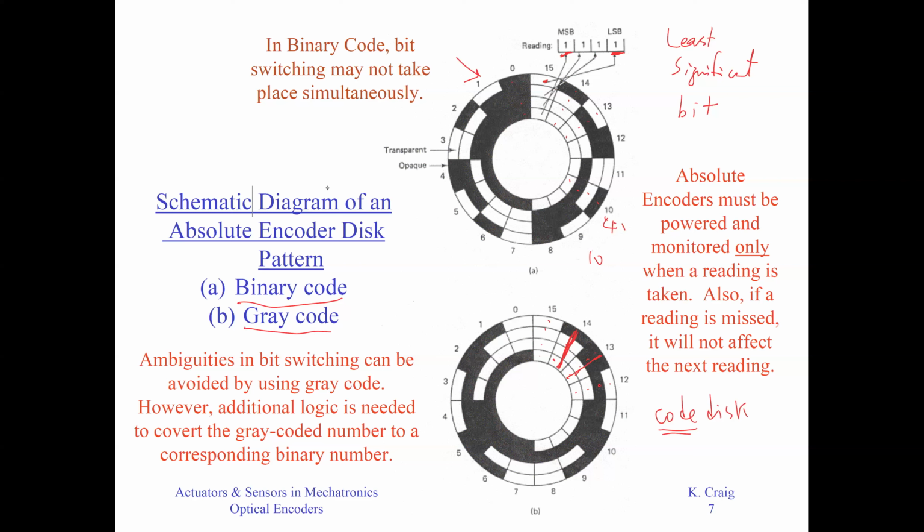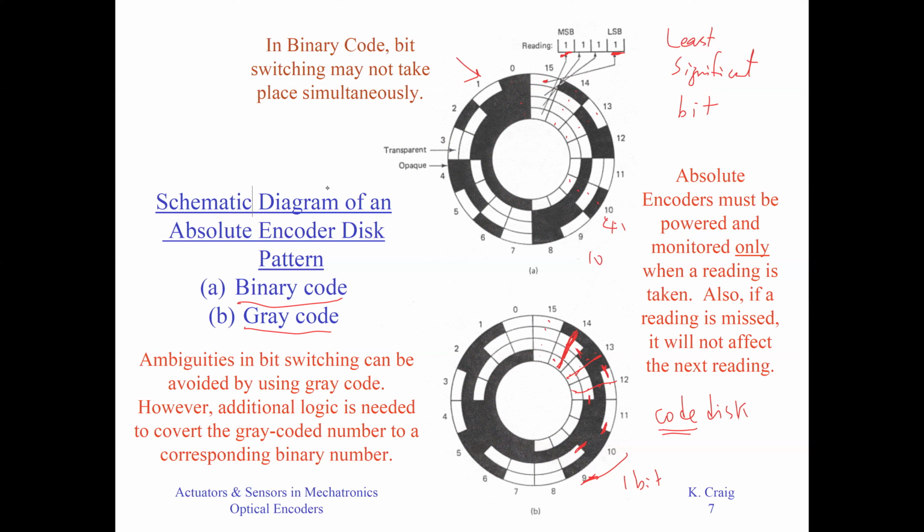From here to here, only this bit is flipping. And from here to here, only this bit is changing, and from this one to this one, you only have 1 bit changing. So every time you go, you only have 1 bit changing.